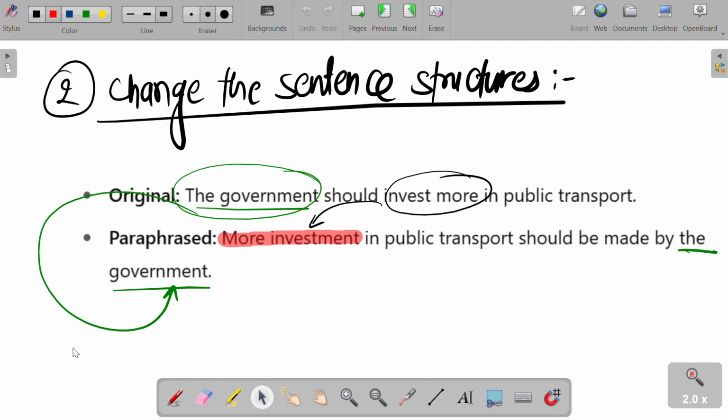Basically, there is a change in the sentence structure where the subject has been turned around and put towards the end of the sentence. This is not the only way of changing the sentence structure, but you can change the structure of the sentence likewise, not necessarily this particular way.